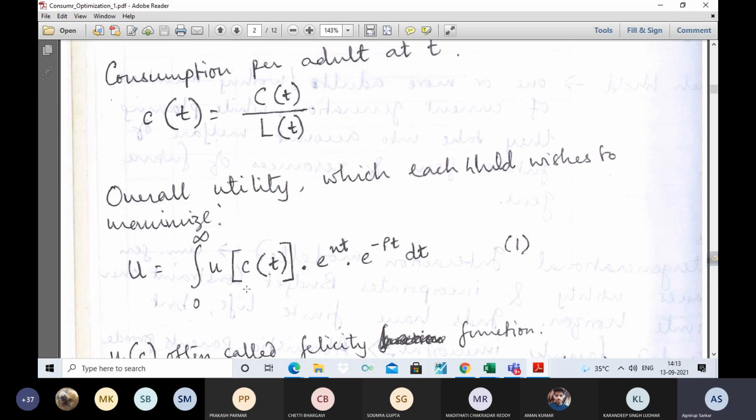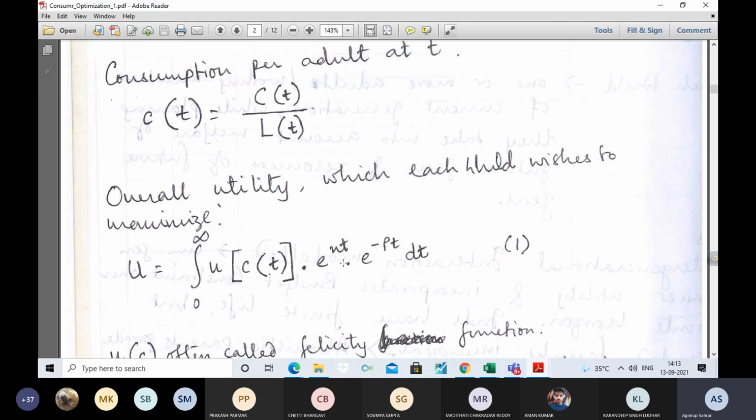So what we did was, if you look into this function, it's multiplied by L, which is e raised to nt. This is the family size. e to the power nt is the family size at time t.